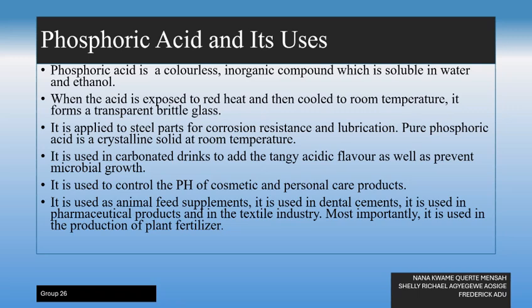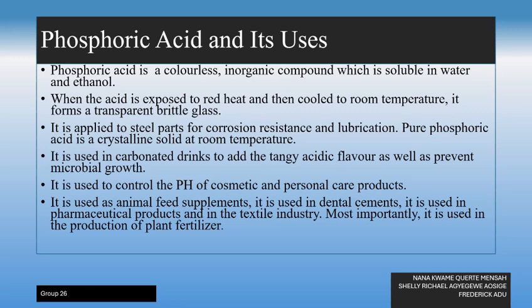Phosphoric acid has a wide variety of uses. Some of these uses include application to steel parts for corrosion resistance and lubrication. It is also used in carbonated drinks to add a tangy acidic flavor as well as prevent microbial growth. Phosphoric acid also helps to control the pH of cosmetic products and personal care products.